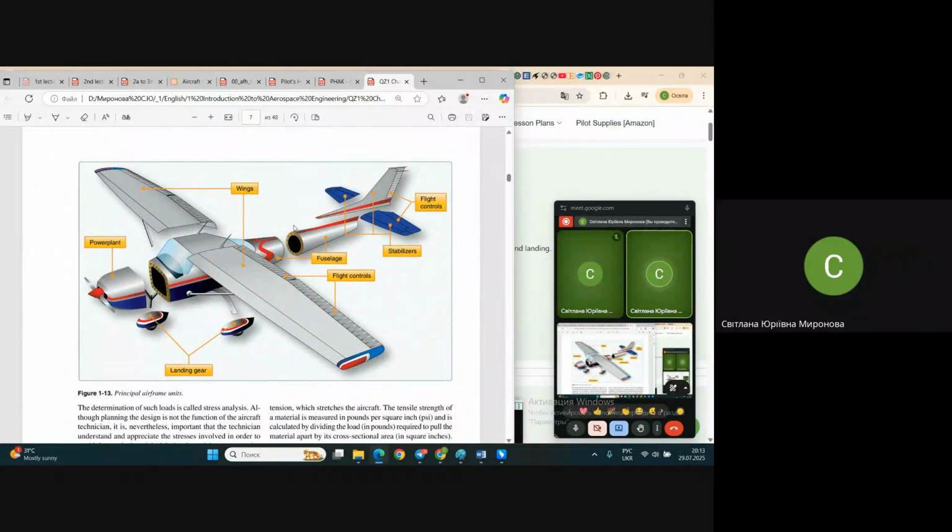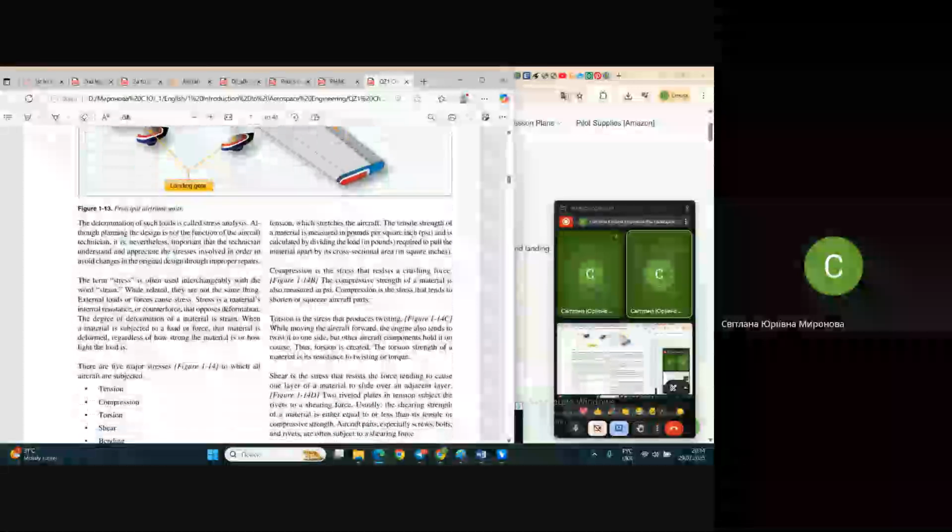Now here is the structure of the airplane divided into some aggregates. Not everything we may agree with, in particular this power plant: here it's not the power plant, it's something like cooling of the power plant. The same as landing gear cooling, or maybe the fairing, doesn't matter.